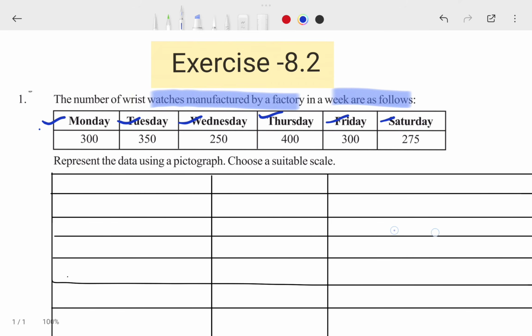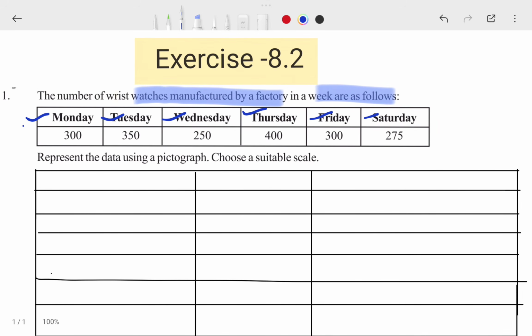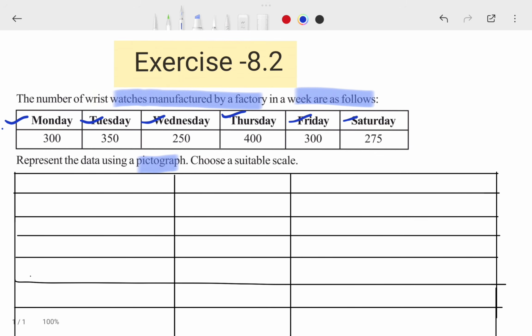So the factory is manufacturing these watches during the week. The question tells us to represent this using a pictograph with a suitable scale. What is the meaning of a pictograph?